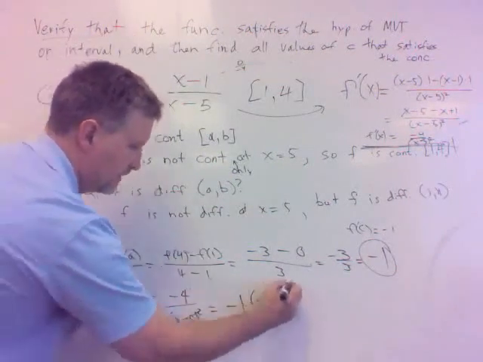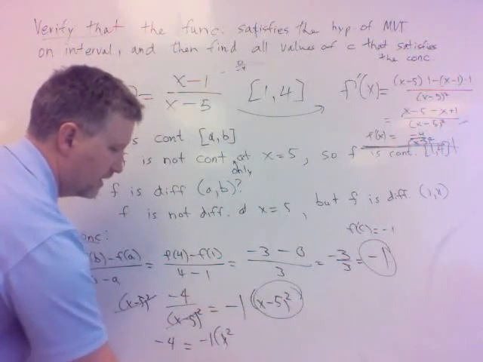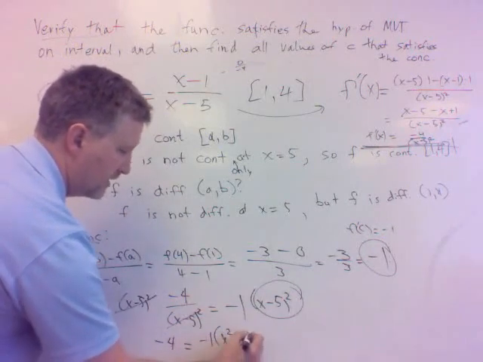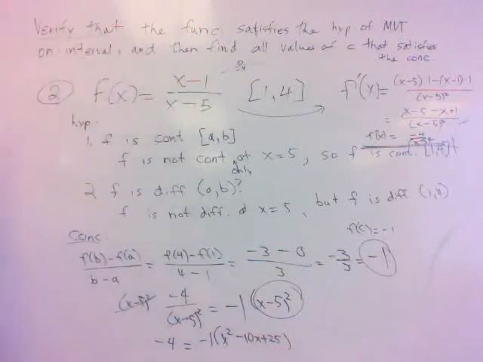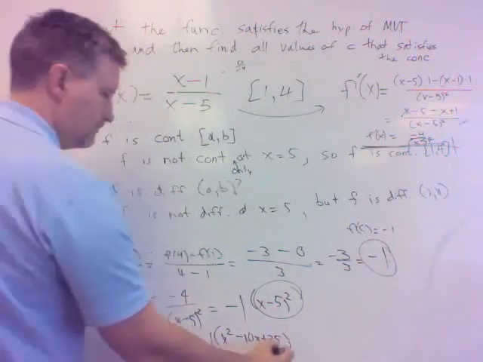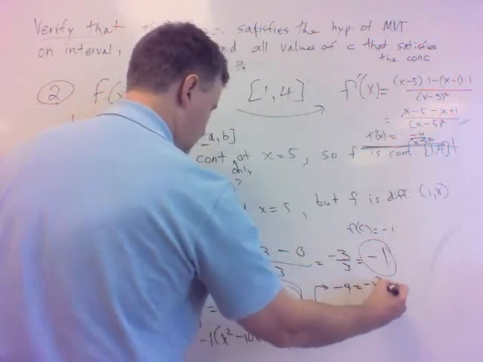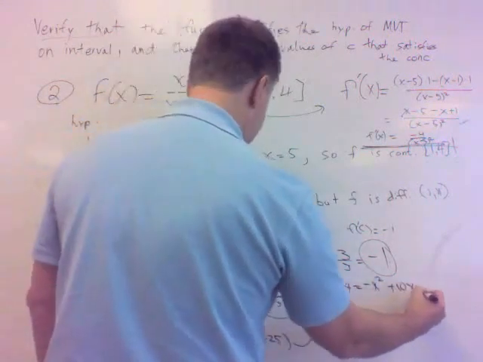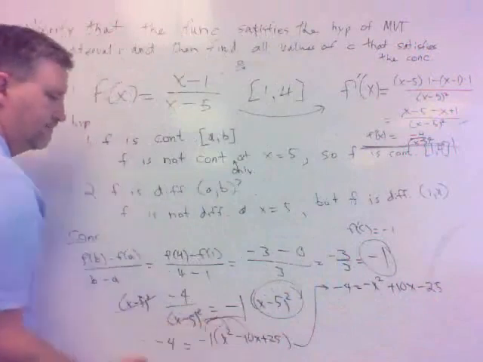negative 4 equals, and then I would, of course, square that out. So it'll be negative 1 times x squared minus 10x plus 25, wouldn't it? x minus 5 twice. And so that would be negative 4 equals negative x squared plus 10x minus 25. Distributing the minus there.